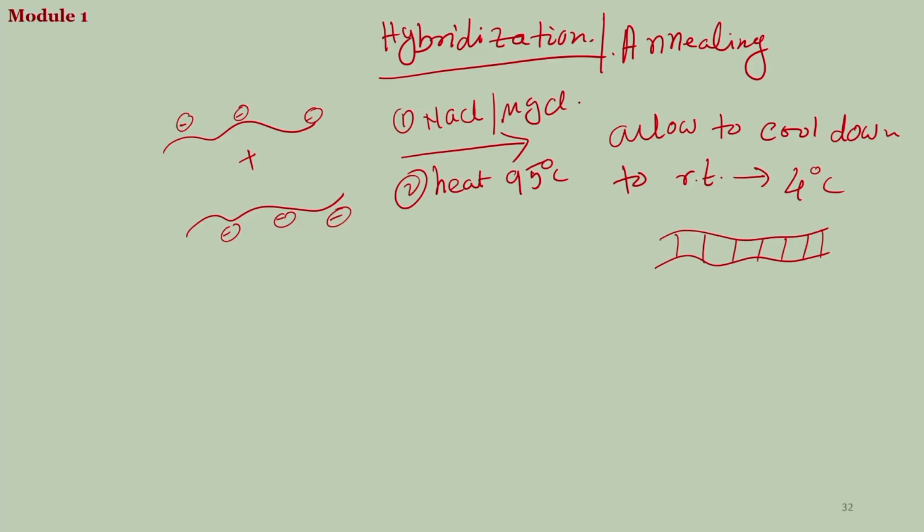So, therefore, all the shorter hybridizations or partial hybridizations like this will be thermodynamically unfavorable. The full hybridization, if you have the complementary strands, will be a thermodynamically favorable process.